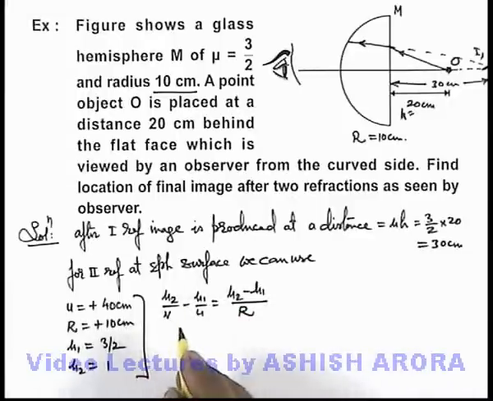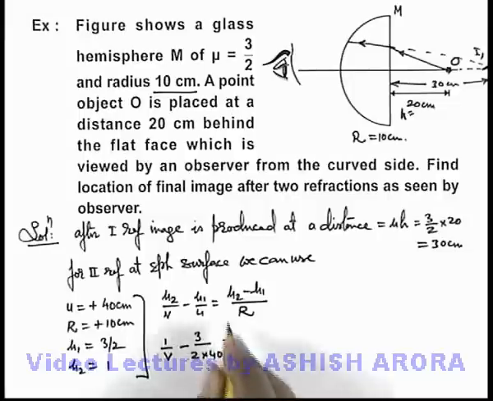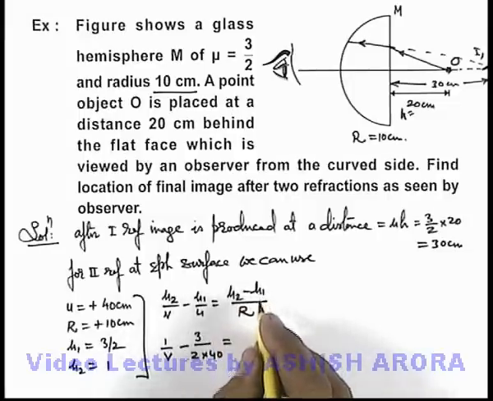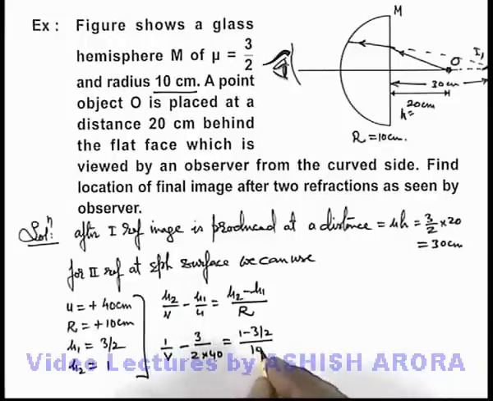On substituting the values, we'll be getting 1 by v minus 3/2 divided by 40 equals 1 minus 3/2 upon r, which is 10 cm.